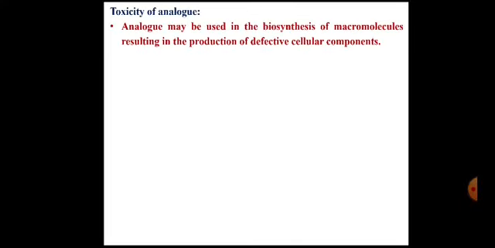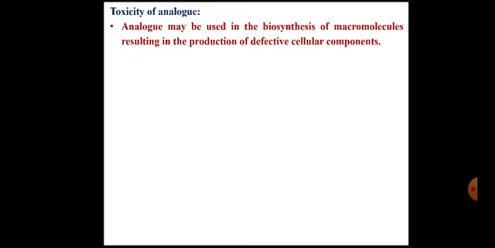Toxicity of an analog may be due to several mechanisms. One mechanism is that the analog may be used in the biosynthesis of macromolecules, resulting in the production of defective cellular products. Say for example, amino acids.